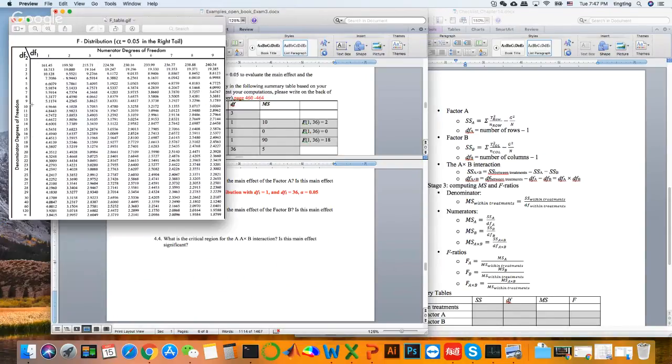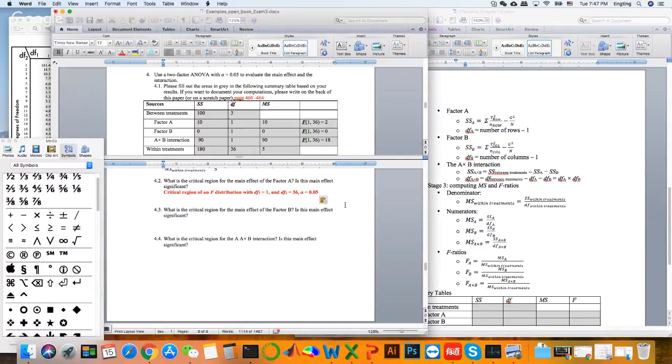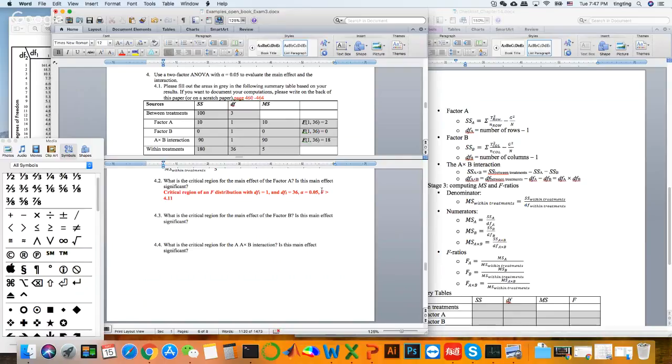I don't have the number here, but you do have the number in your book. Which equals to F greater than 4.11. Check your book. Same thing for all of these questions.